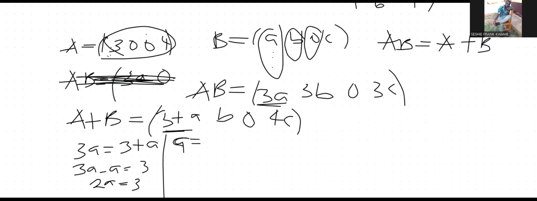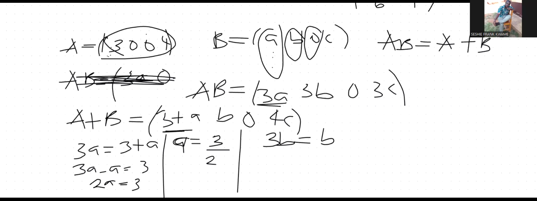So if you do a division, A should now be equal to 3 out of 2. Now 3B is equal to B. So 3B minus B is equal to 0.